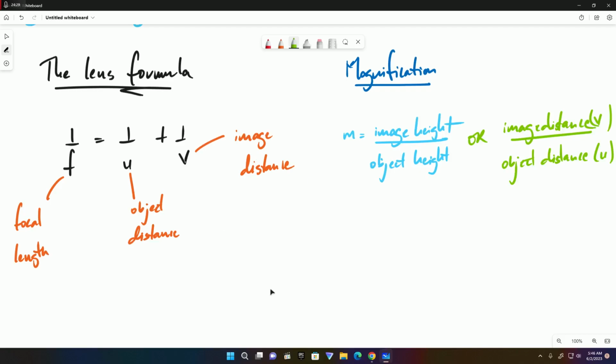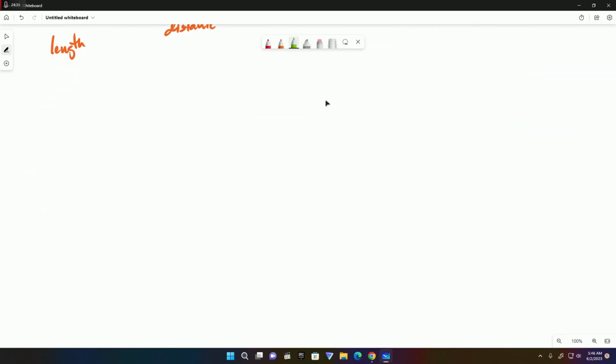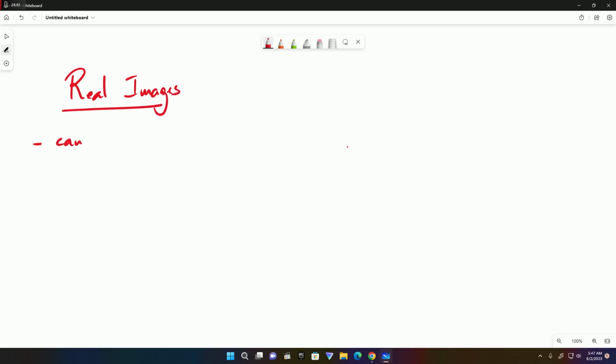Yes, images. So images can be one of two types, real or virtual. Real images can be projected onto a screen.